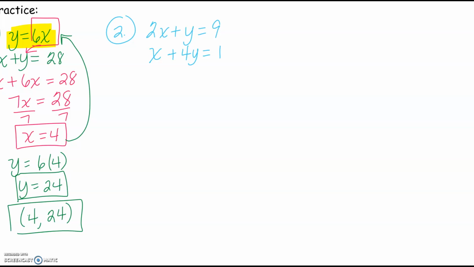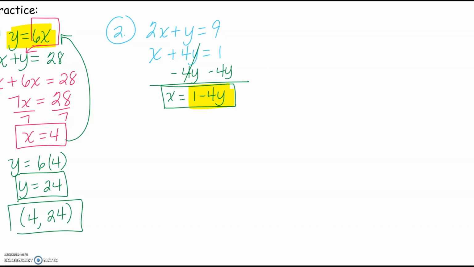Because the second equation is easier for me to just solve in terms of x, because I can just start solving it right there, I'm going to subtract 4y. And I get x equals 1 minus 4y. Again, you could have chosen the top equation and solved it in terms of y. This equation is now solved in terms of x.